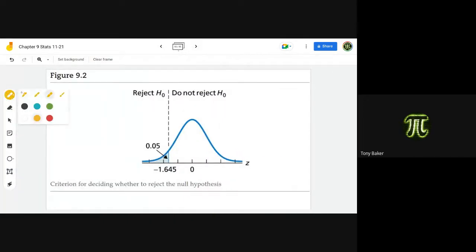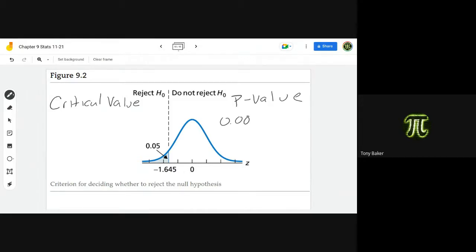So I had 0.0040, and that's less than 0.05, right?